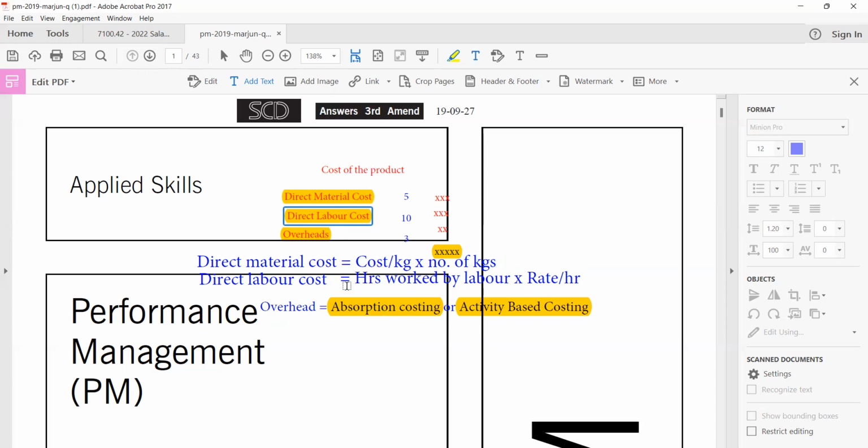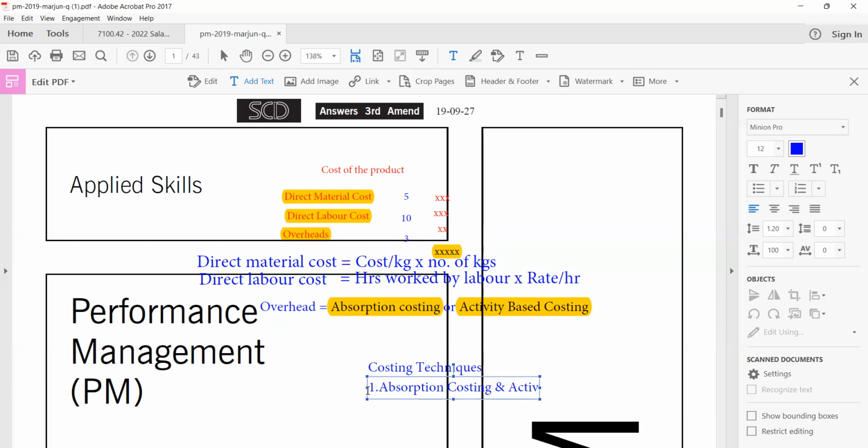So the first topic, the main umbrella of the performance management paper, as I've given you already, is the costing techniques. We have some techniques which help us determine the cost of a product. The first one is the overhead valuation techniques: absorption costing and activity-based costing.